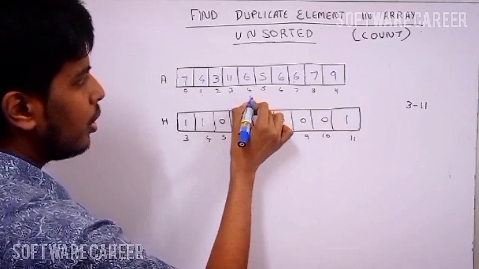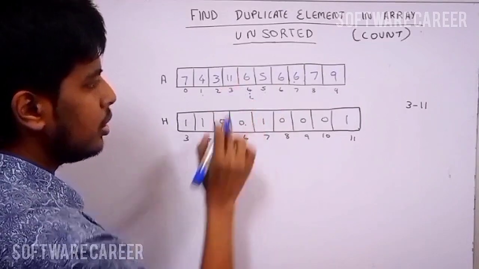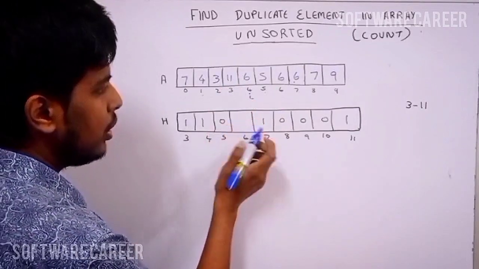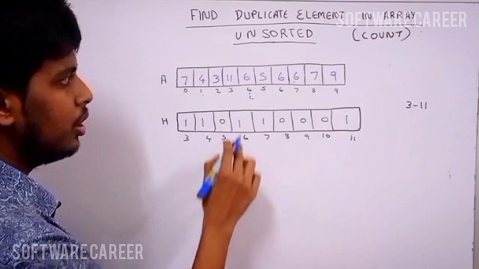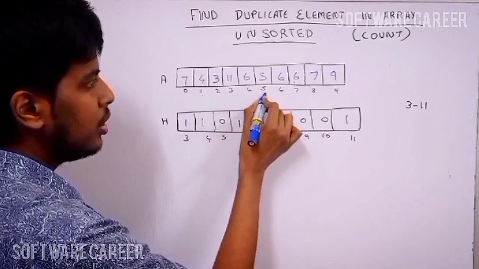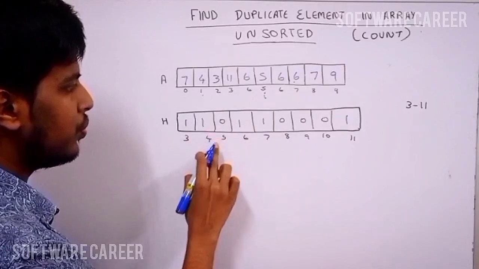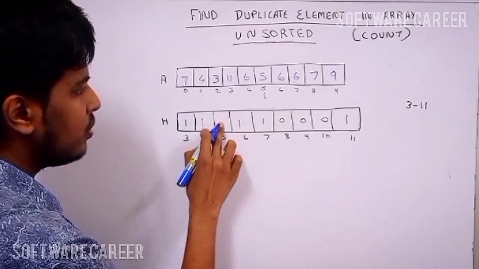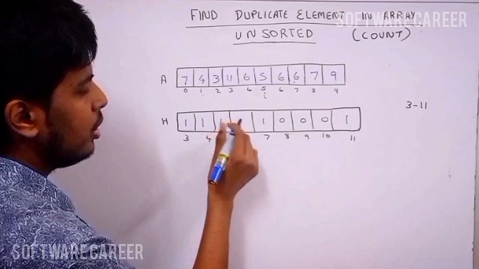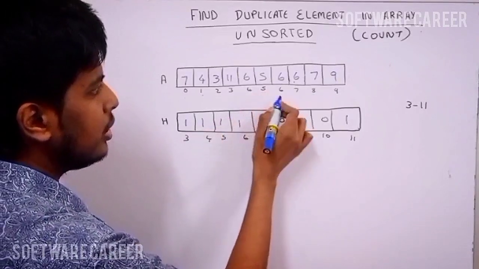Then I is at 4. Now 6 is there, so you increase the value at the 6th index of the hash table by one. Then I is at the 5th index. Now you check that 5 is there, so you check the 5th index of the hash table and increase that value by one. Now I is at 6.